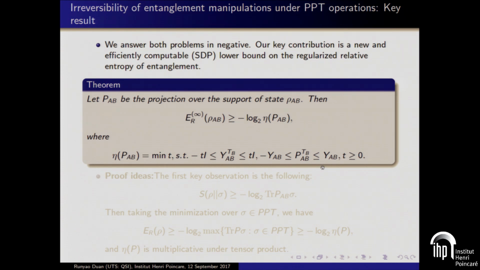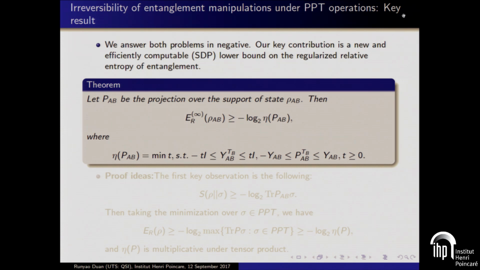So the key idea is that we have a new SDP upper bound for the regularized relative entropy of entanglement. Suppose the state we are studying is rho AB, and P_AB is a projection over the support. Then we can find an upper bound for this regularization of the relative entropy.